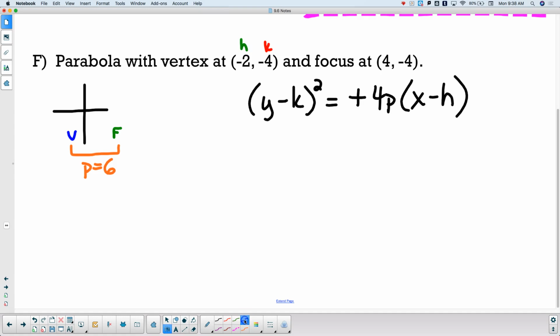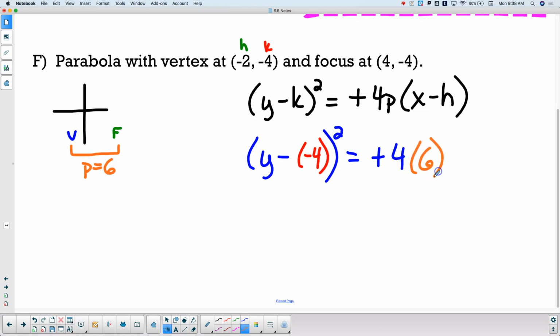So this really is (y minus negative 4) quantity squared equals positive 4 times 6 times (x minus negative 2).